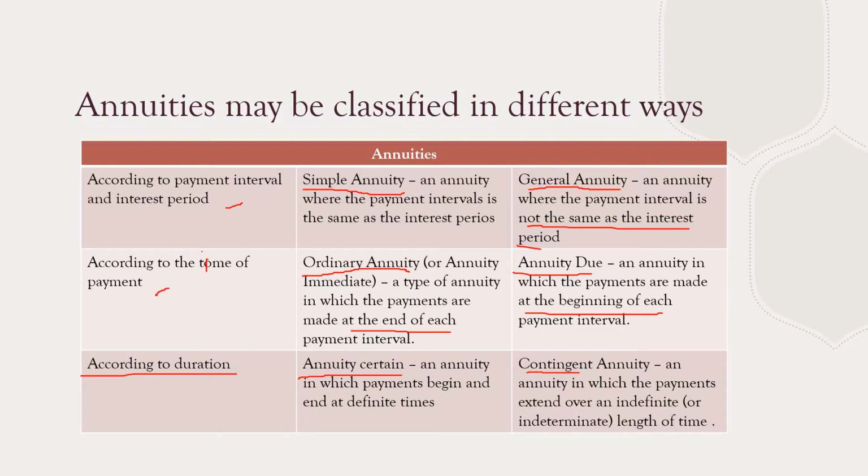Contingent annuity naman, it is an annuity in which the payments extend over an indefinite or indeterminate length of time. Na-extend over an indefinite. So, hindi alam kung kailan matatapos.